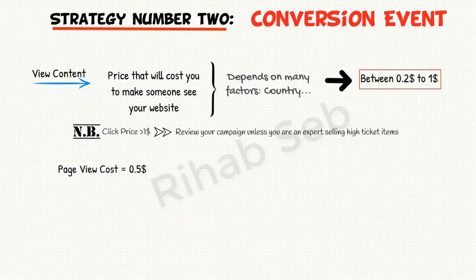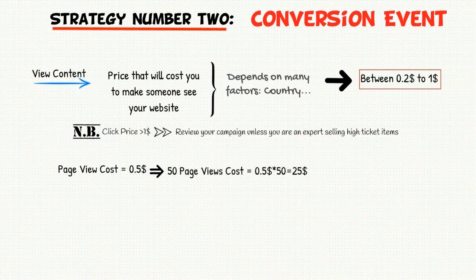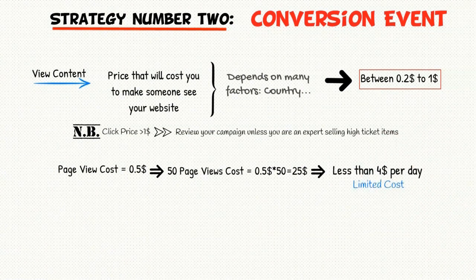So let's consider that the average cost per view content is 50 cents. So now it's much easier to get a minimum of 25 page views per week. If every page view costs you 50 cents, in order to get 50 page views, you need to consider a budget of $25 per week, which means less than $4 per day.